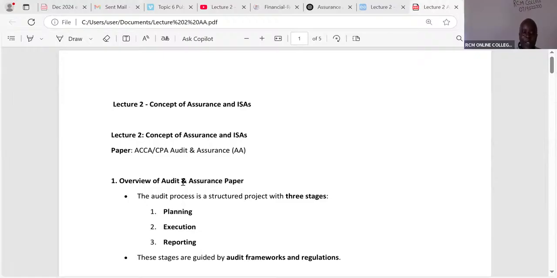When I'm given some assignment to do, for example, White Sands Hotel in Mombasa to audit as ZV&C, remember, I run a licensed audit firm in Kenya. So I've been given White Sands Hotel in Mombasa to audit. Then that is a unique project.